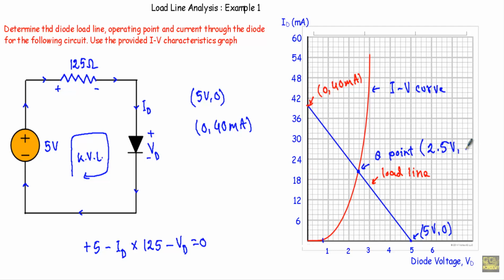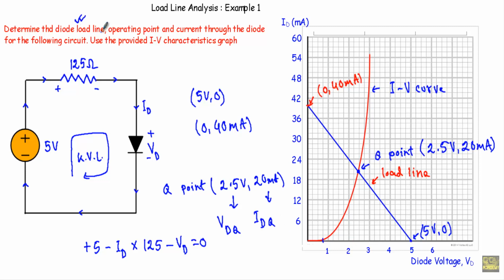It intersects the middle, let's say 20 milliampere. So our Q point has a coordinate of 2.5 volt and 20 milliampere. This 2.5 volt is our VDQ, and this 20 milliampere is our IDQ.